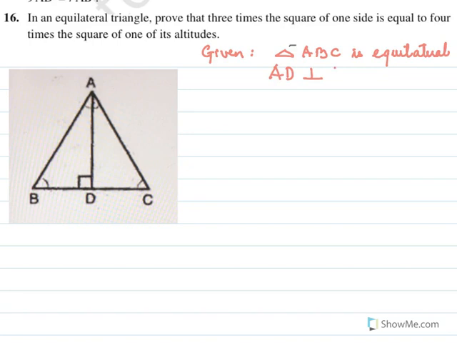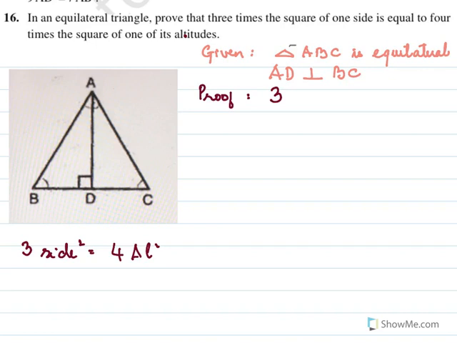So we do AD perpendicular to BC, and we need to prove 3 times the square of the side equal to 4 times the square of the altitude.